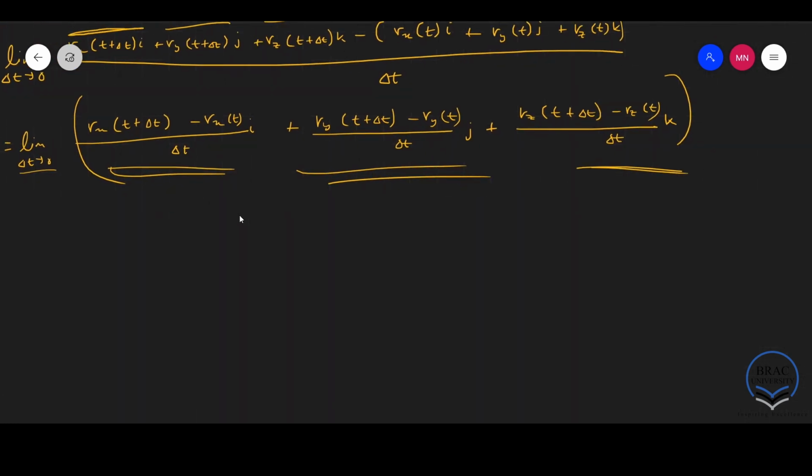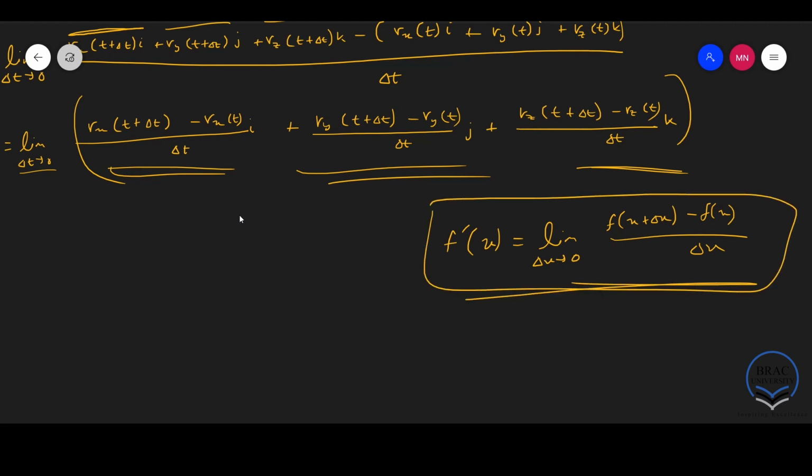So what does this look like? This should obviously be familiar to you. If I take the derivative of some function, this should resemble the derivative of some function like this. As you can see, this is exactly similar to what we have here.